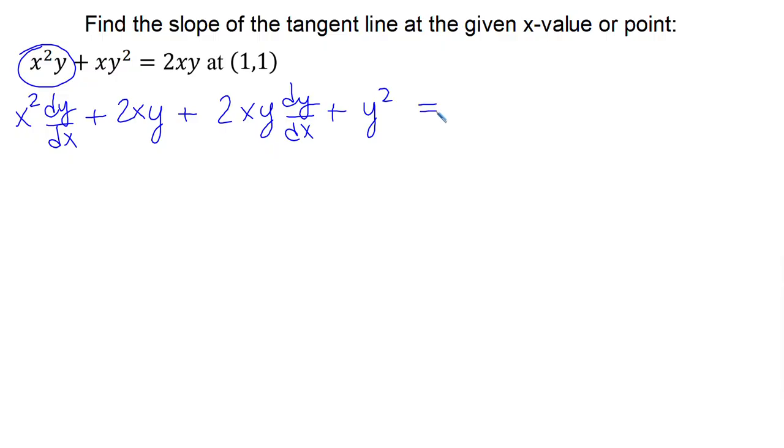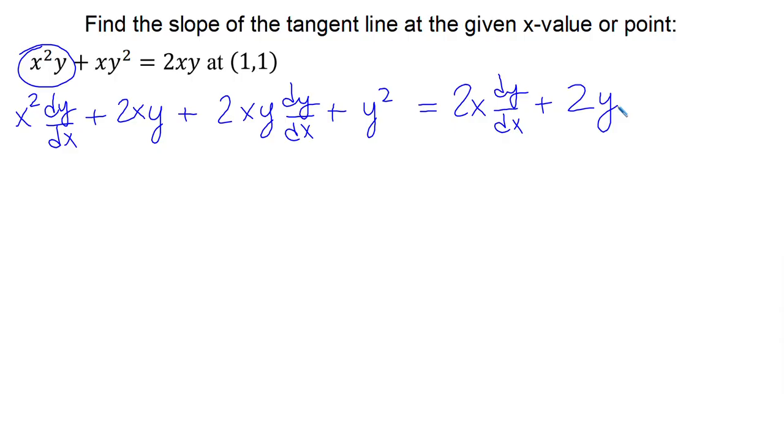And then on the right-hand side, the 2xy will be 2x times the derivative of y with respect to x, plus the derivative of 2x, which is 2, times the y. So now we just need to gather all the dy dx's. This time I think we'll do it to the left-hand side here.